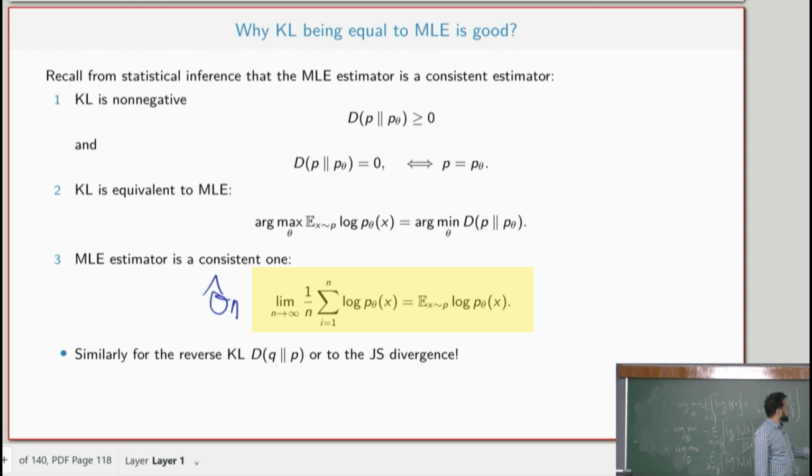But what this is saying is that if you do a usual average, it is indeed as if your estimates are from the original distribution. This is a good thing about the MLE estimator, in general about MLE estimators. And I know that KL divergence is equivalent to MLE estimates. So whatever is good for MLE is good for KL divergence.